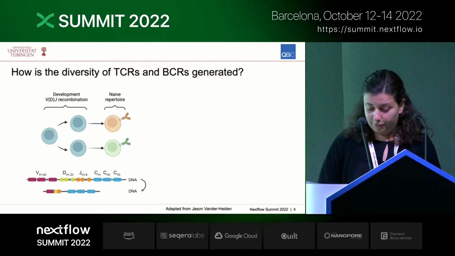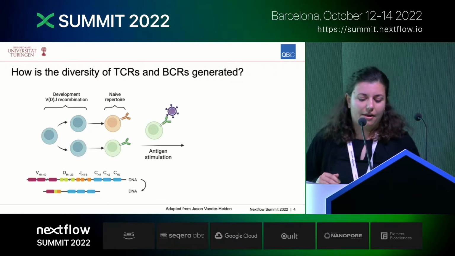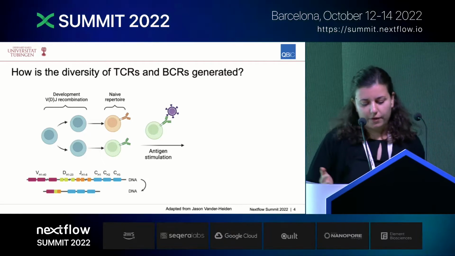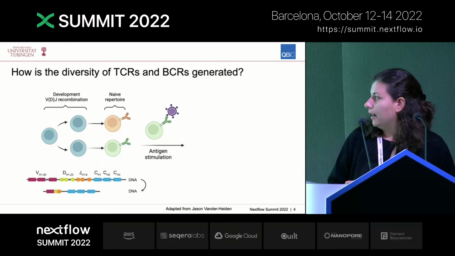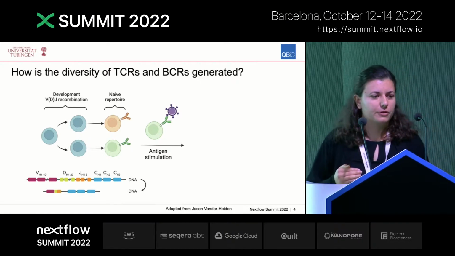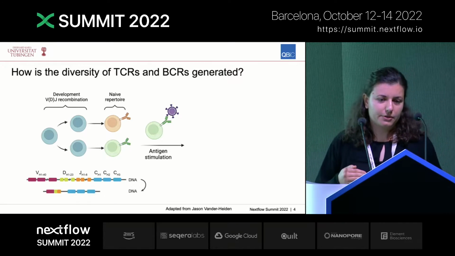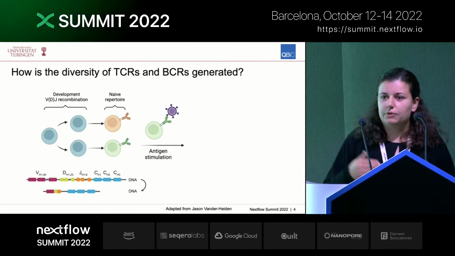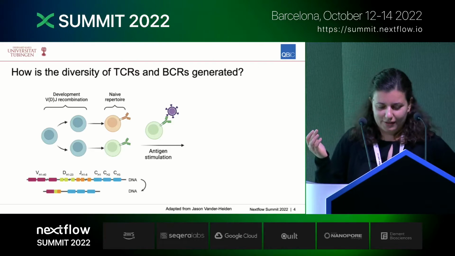In the case of B-cell receptors, there's even another process that generates an even wider variety of these receptors upon antigen stimulation. That's also what happened to all of us when we were first exposed to the coronavirus, or if we were lucky, when we received the vaccine to the coronavirus.